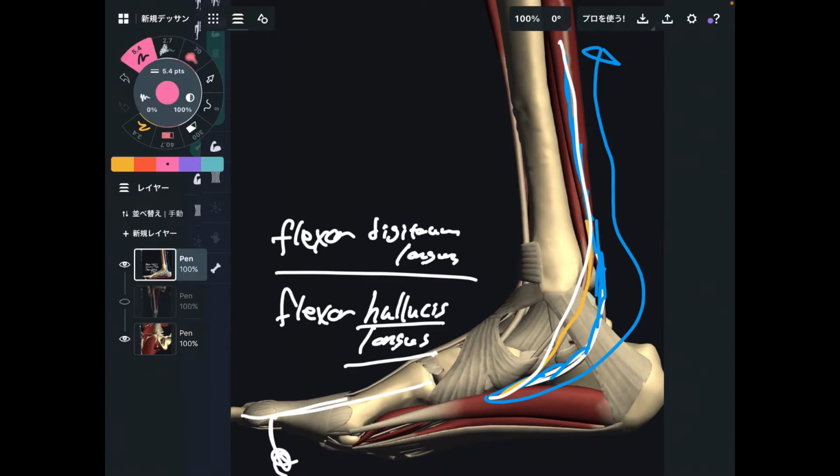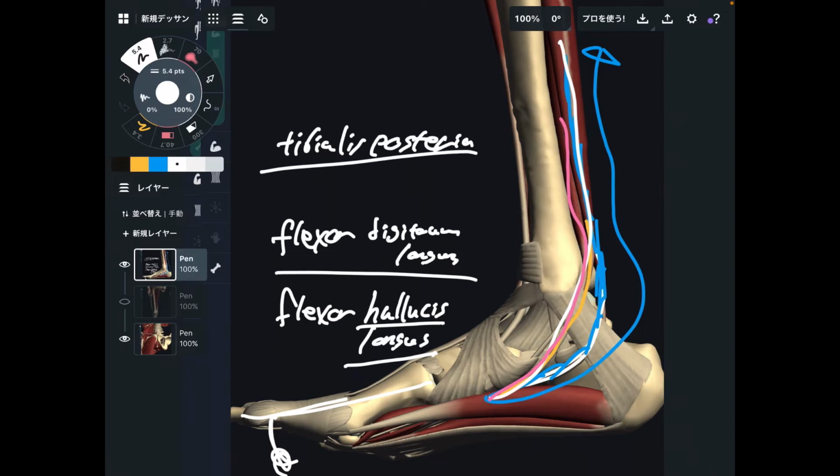The last one from this picture is this one. This is also a deep muscle. This is tibialis posterior. This muscle also originates from lower leg. Tibialis posterior, flexor digitorum longus, flexor hallucis longus, they all originate from lower leg.